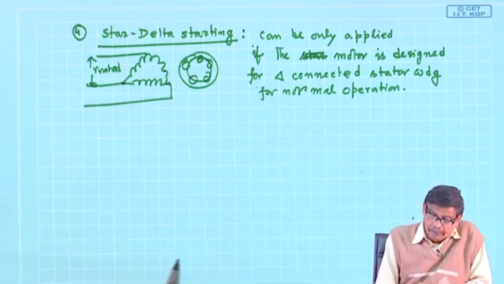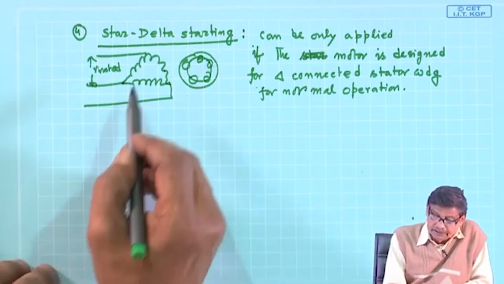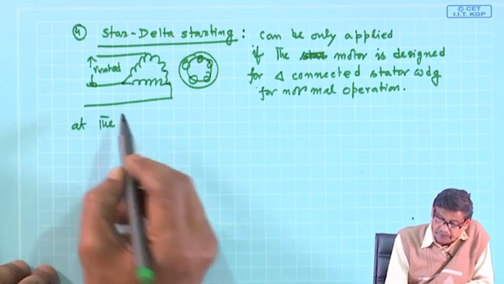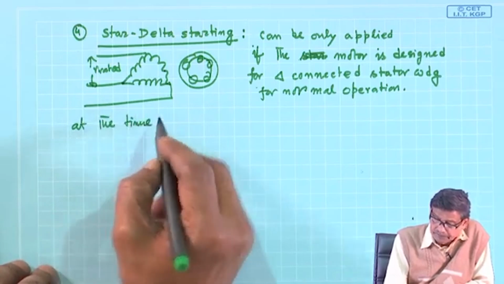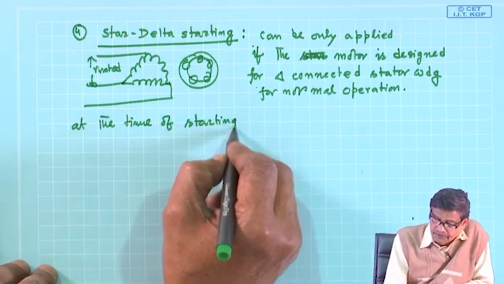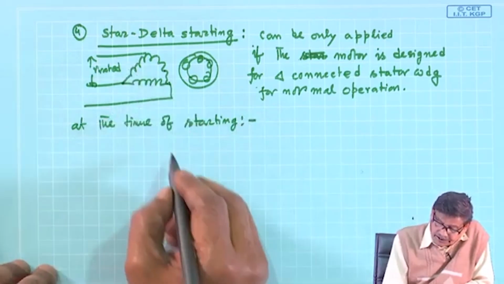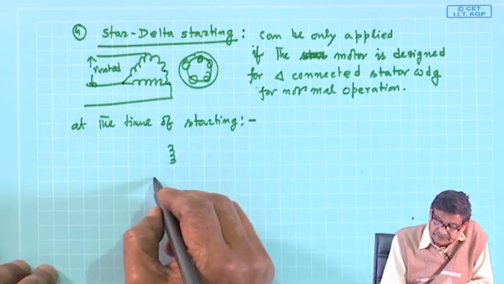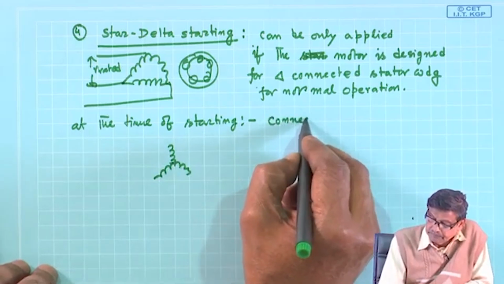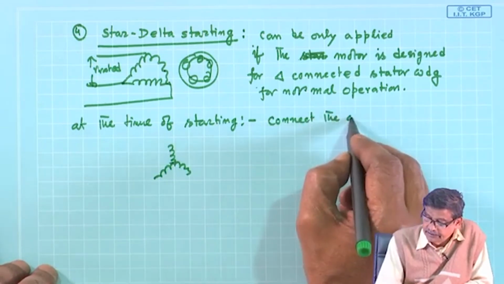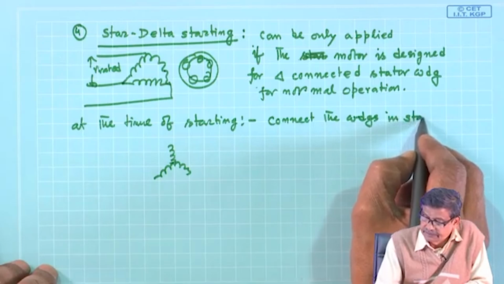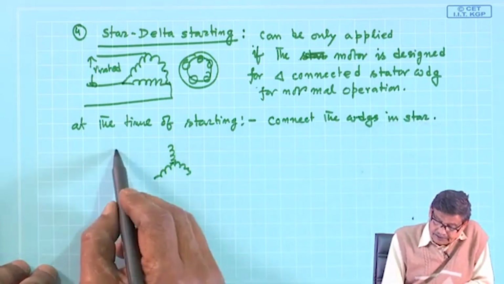But what you can do is, at the time of starting, you connect these 3 stator windings in star, like this.